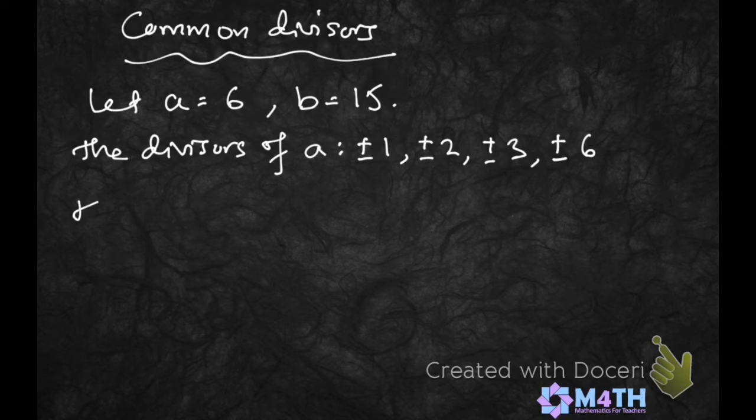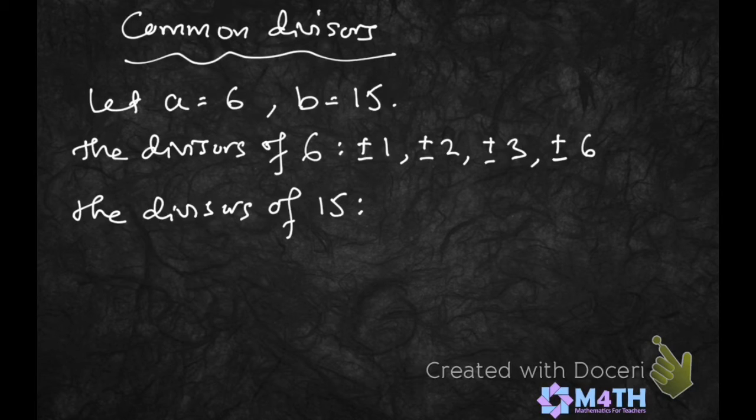And the divisors of 15: it can be divided by 1, 3, 5, and 15.